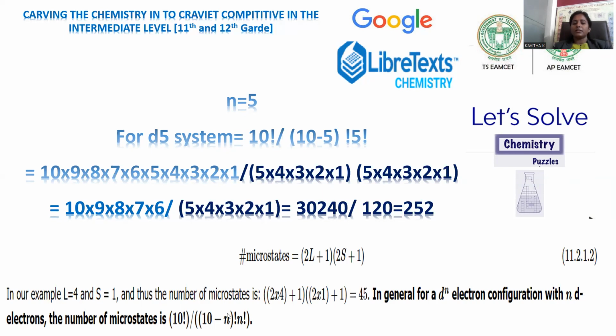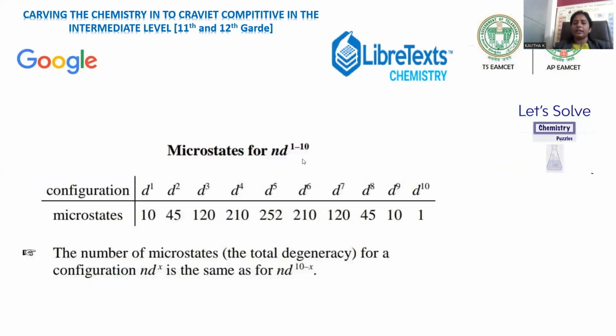I think this is the simplest way to calculate the number of microstates. That's the reason why I opted for the 10 factorial formula. 10 factorial as such I wrote, and in the denominator I have 10 minus n. n is nothing but the number of electrons residing in the d orbitals.